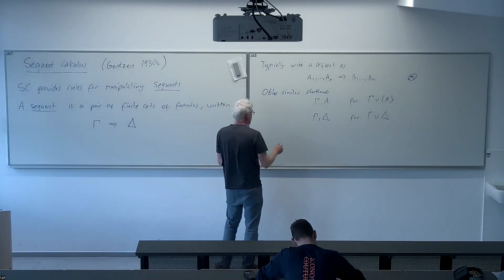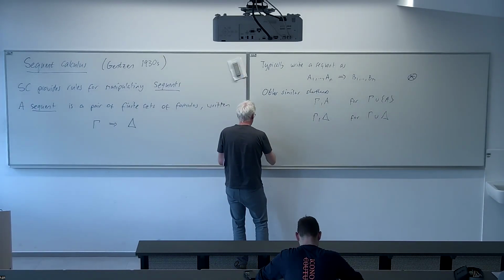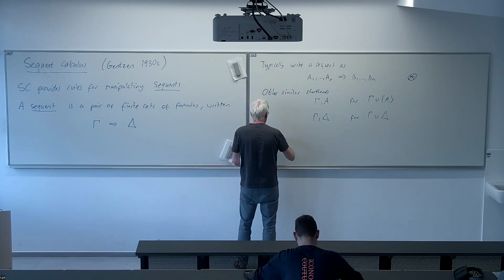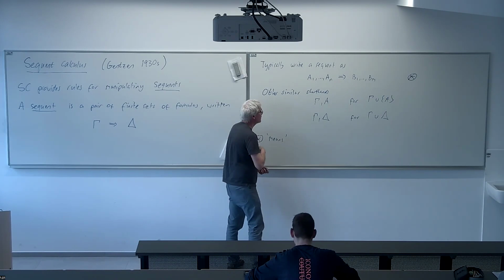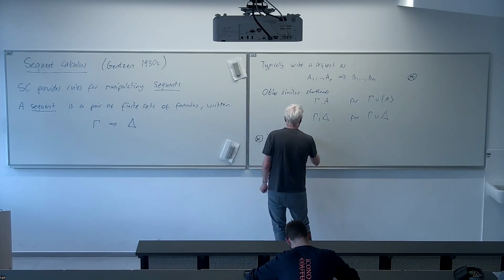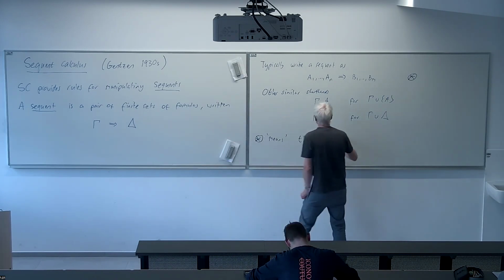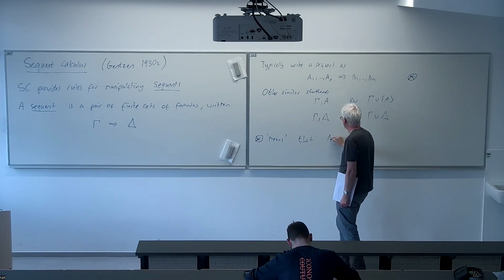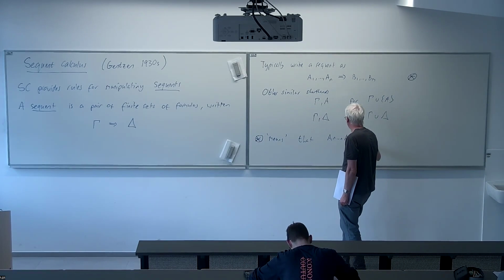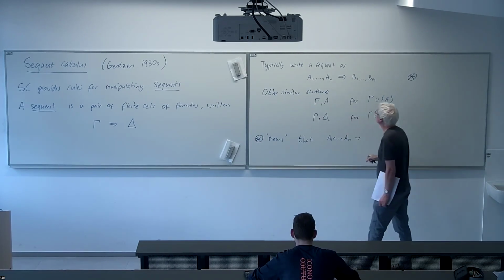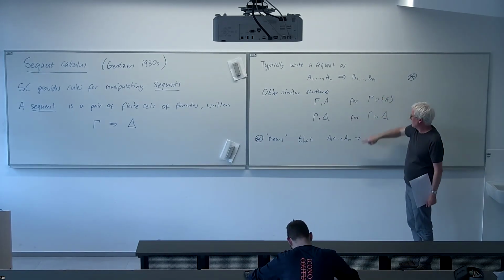So the meaning of star, and we give it semantics as we will later, means, put that in inverted commas, that the conjunction of the formulas on the left implies. So we'll have to be careful.